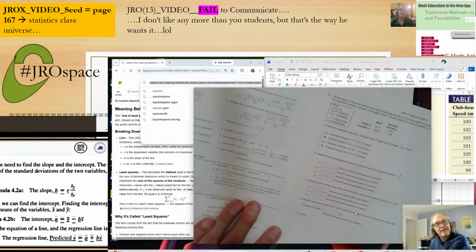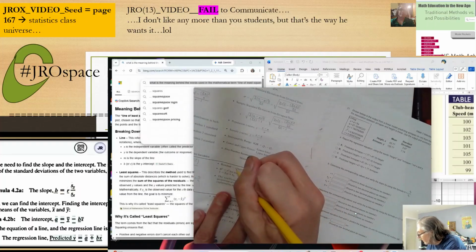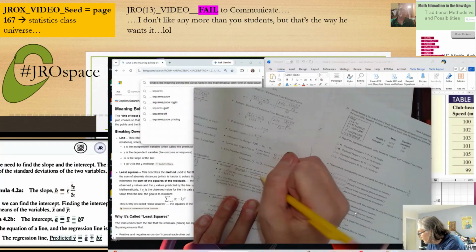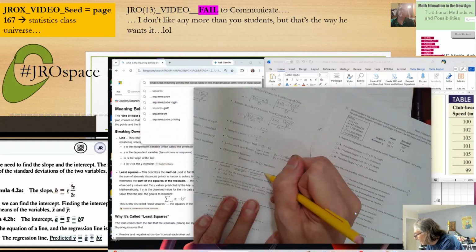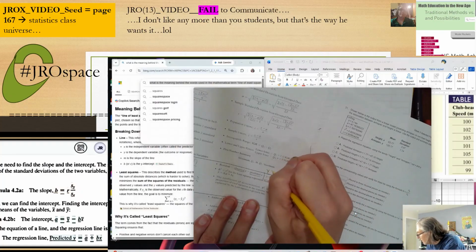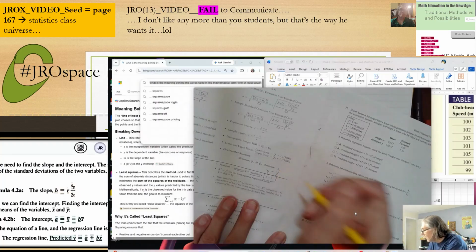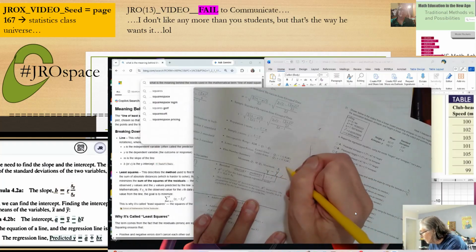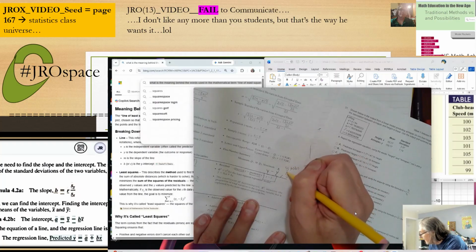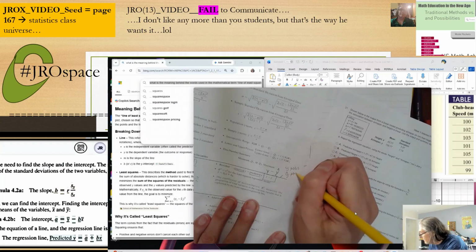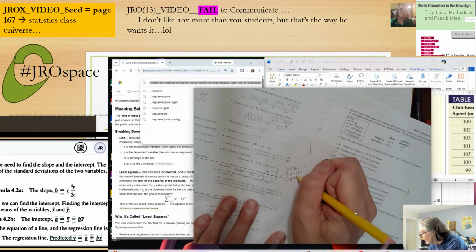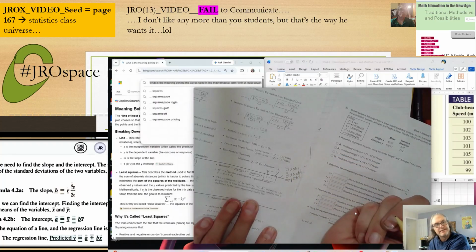And notice this observed y minus the predicted y, which is y minus y hat. Remember, y is the observation, y hat is the model, and that's like a prediction, right? That's a prediction.